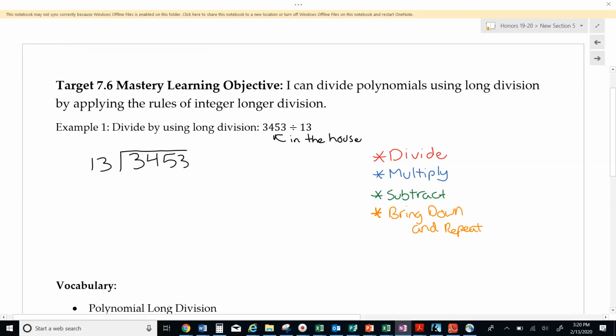So these are our steps. Our first is divide.